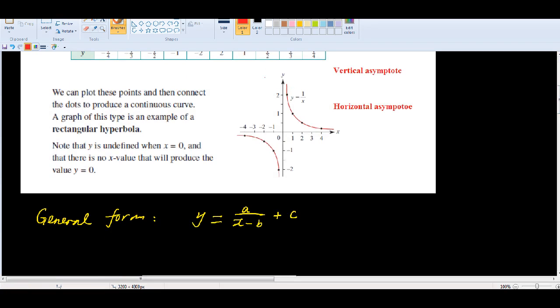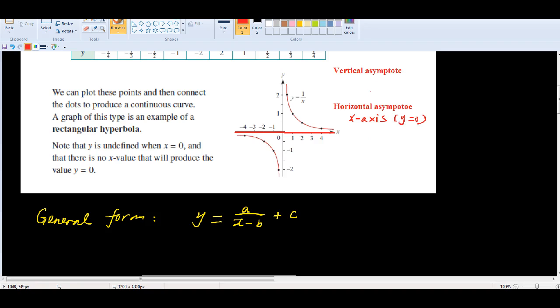For the curve, one very distinct feature is that there are two asymptotes. One is the horizontal asymptote. In this graph, the horizontal asymptote would be the x-axis, or you might say y equals 0.